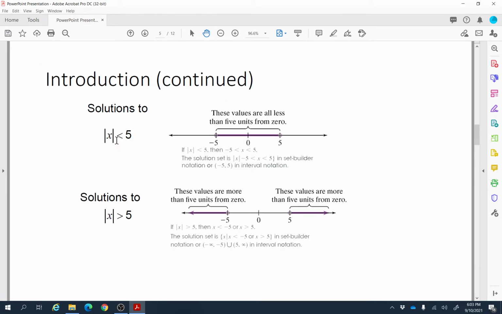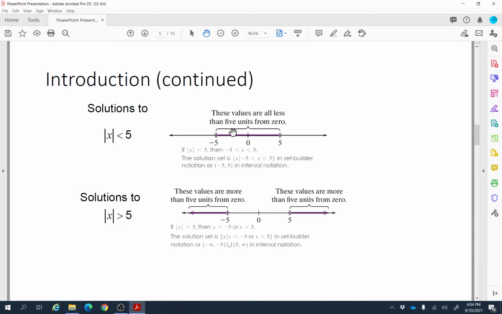Let's talk about inequality. If we are looking for a number whose distance is less than 5, we are looking for any number which is under 5 units from the origin. As you can see in this graph, there are numbers from 0 to 5, less than 5 units from 0, but that happens on both sides.